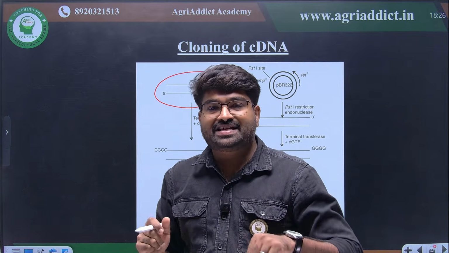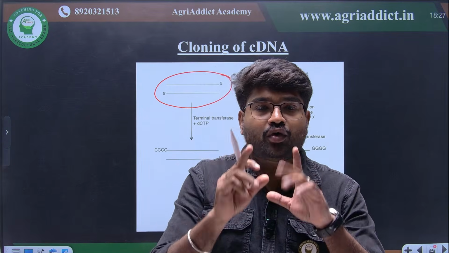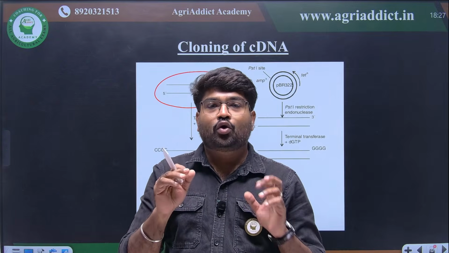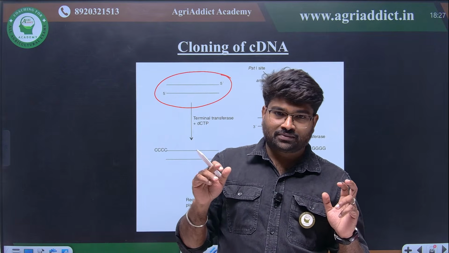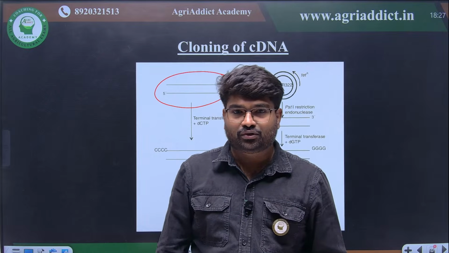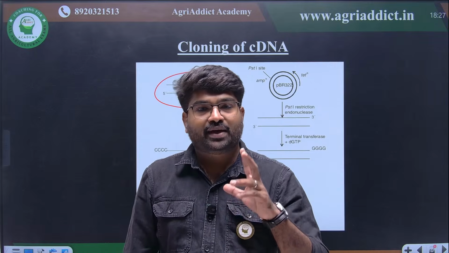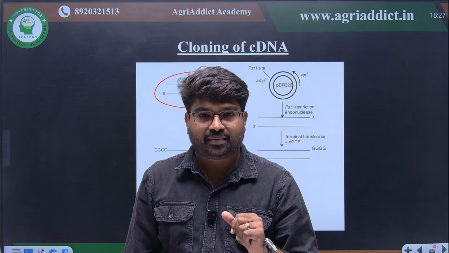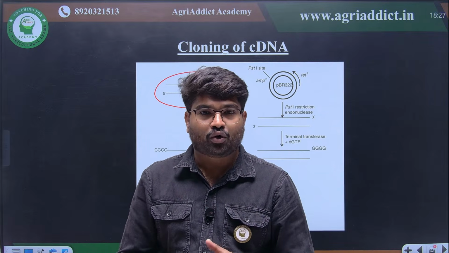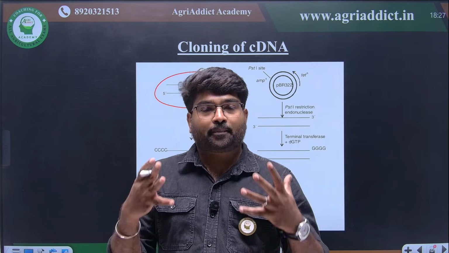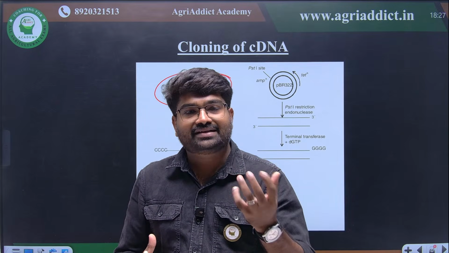Another important thing: for cloning of cDNA, low capacity vectors can be used, for example plasmid vectors. But for cloning of genomic DNA, we have to use high capacity vectors because the genomic DNA size is larger, so the vector capacity should also be more to carry the gene of interest.